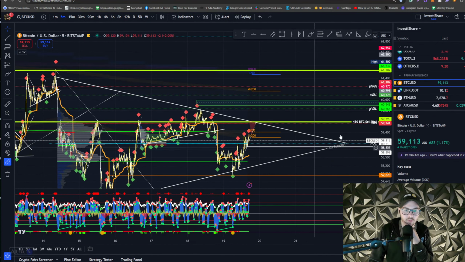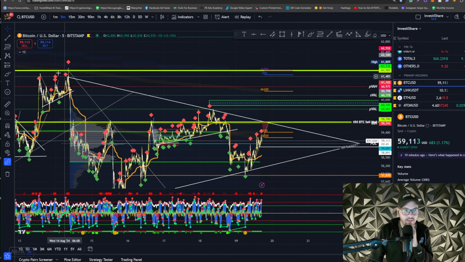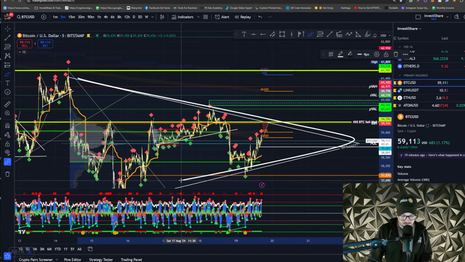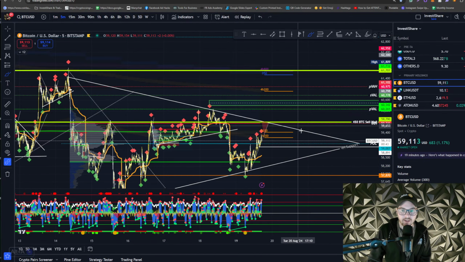And we're coiling up for one of those. We're coiling up for a big move. It's not going to be as dramatic as we hope, but if this breaks to the upside, we get past this sell wall, which I don't think we're going to do today. I think we're going to hit this, come down, maybe use the POC as support, and then have that continuation.